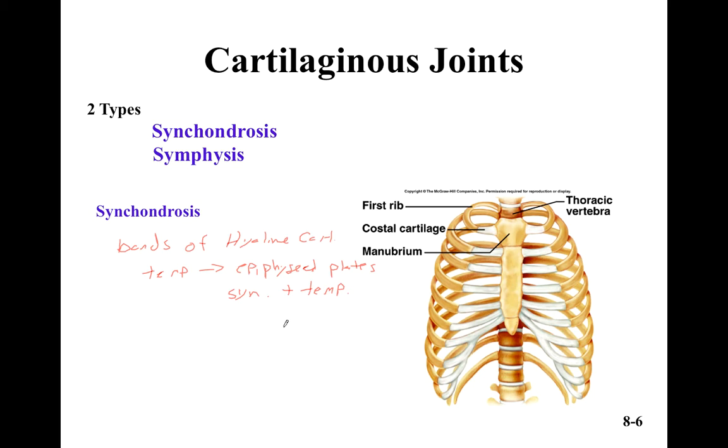And then the one between the manubrium and the first rib is also a cartilaginous joint that's synarthrotic and permanent.